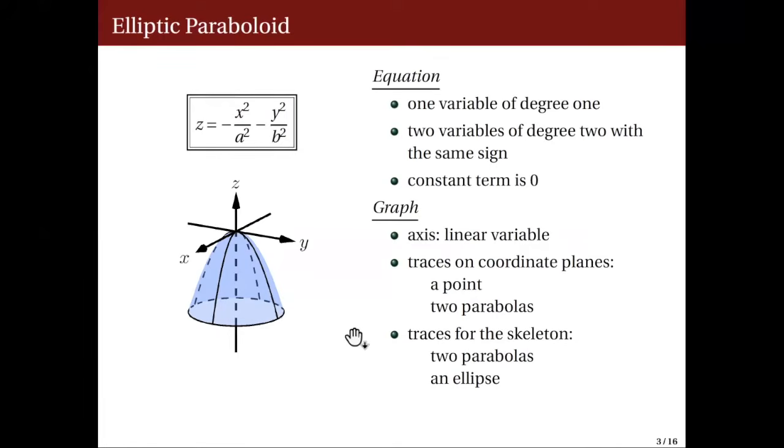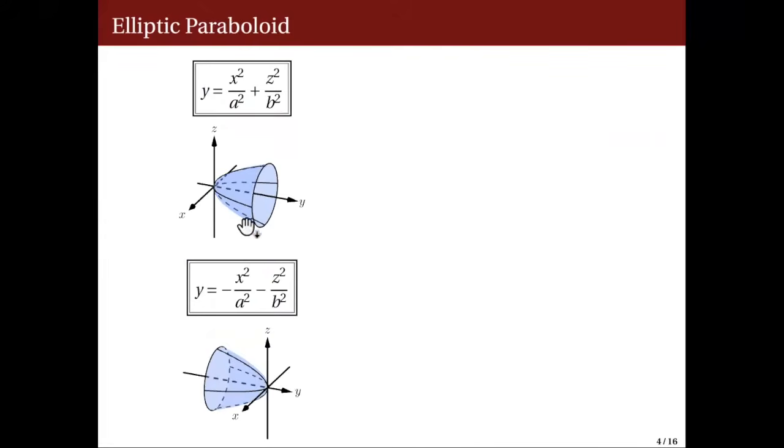For the other 4 orientations, we interchange the roles of x, y, and z. In particular here, we can see an elliptic paraboloid that opens towards the y-axis, and hence, the variable y is of degree 1. Opening is on the positive side of y, so coefficients of the variables of degree 2 are positive.